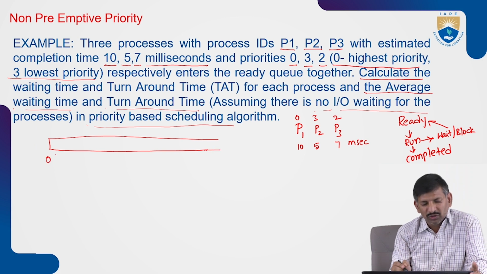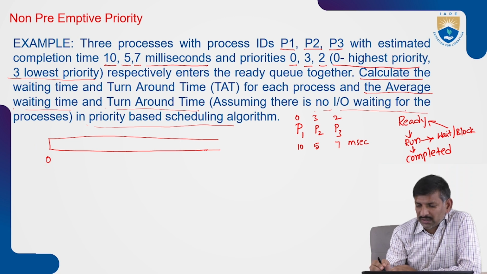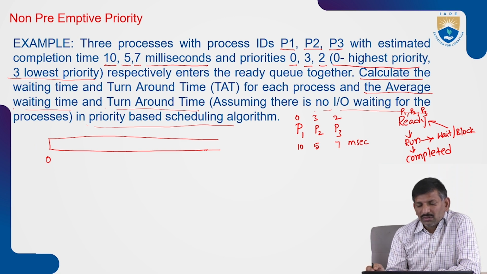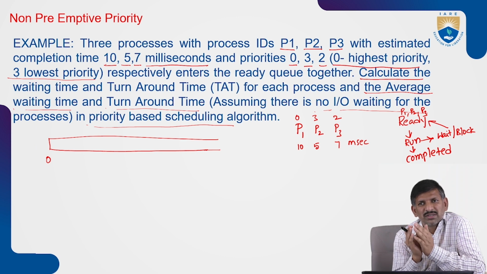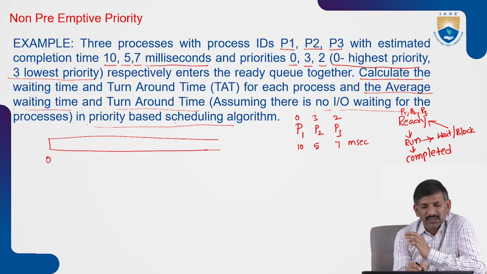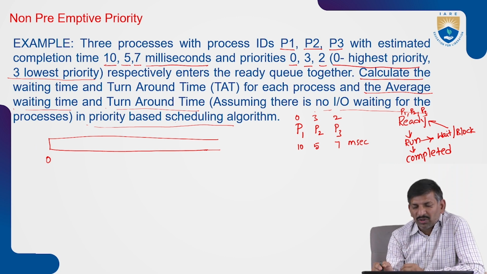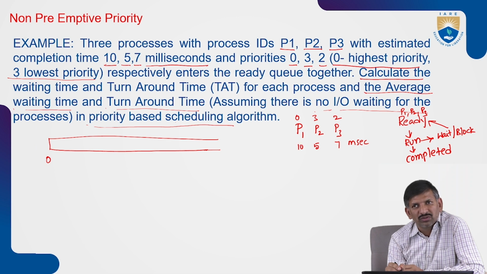At the time of 0, what are the processes available in the ready state? P1, P2, P3. The scheduler checks the ready state to see which processes are available and which one is scheduled for execution as per the scheduling algorithm. Here the algorithm is priority based scheduling. Among these three, P1 has the highest priority, so P1 is scheduled for execution first.